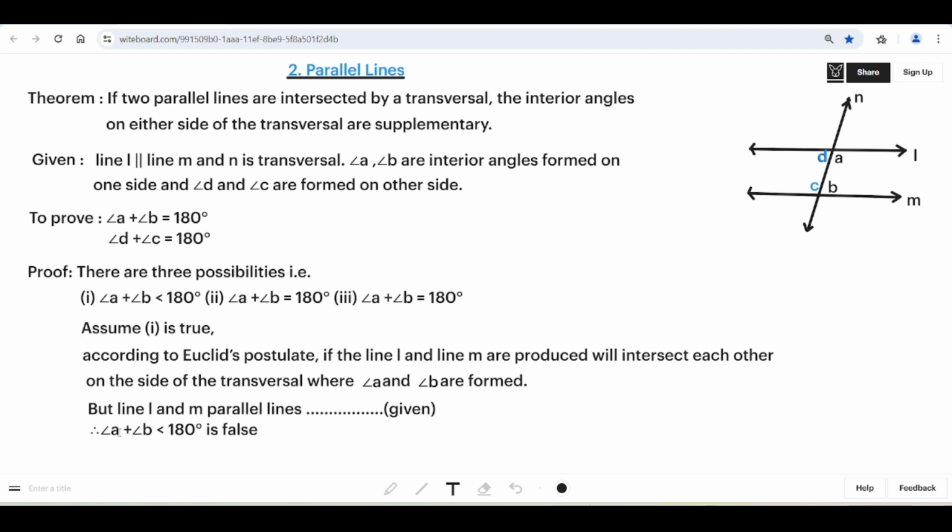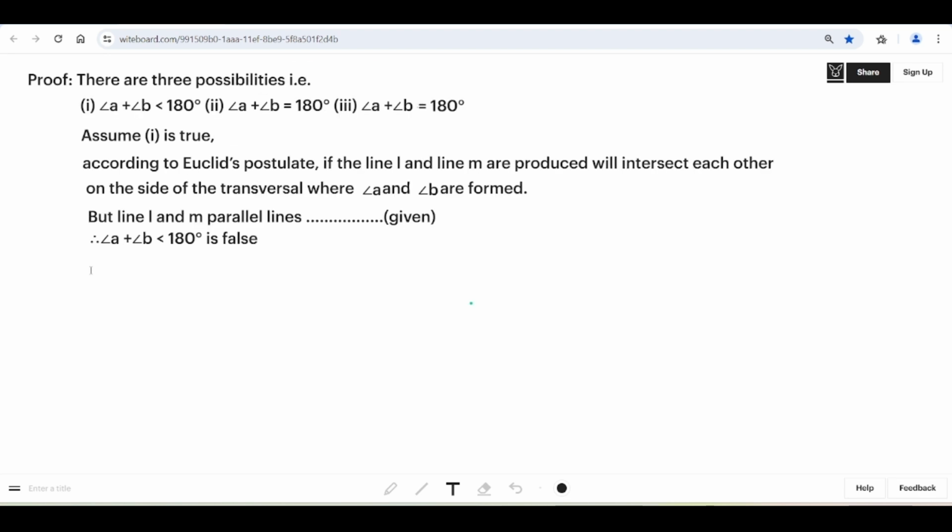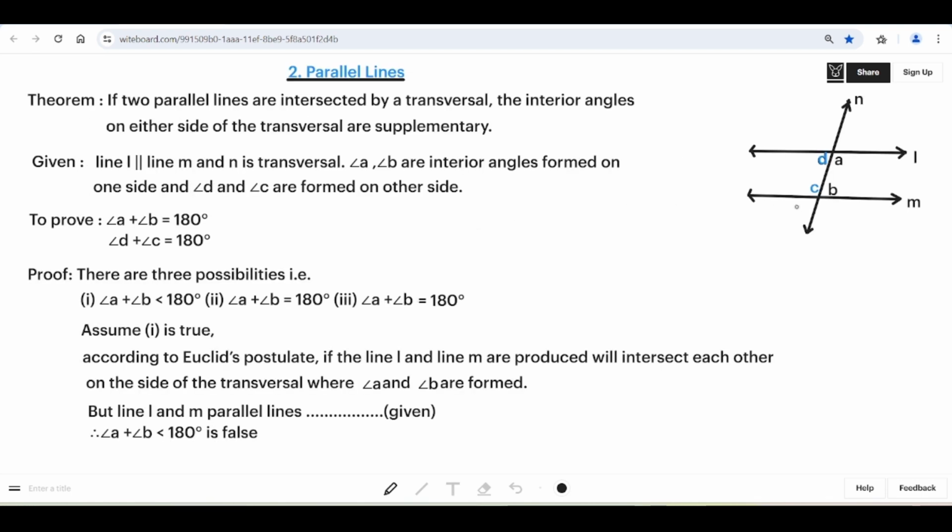Now we will go for the next possibility, whether it is true or false. You can see in the figure that angle C and angle D have one common arm, meaning they form a linear pair. And angle A and angle D have one common arm, so they are also a linear pair.